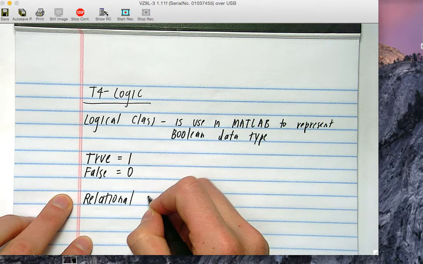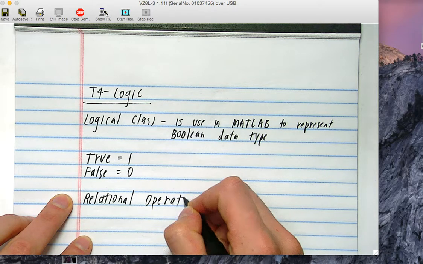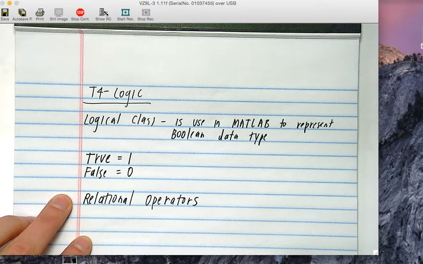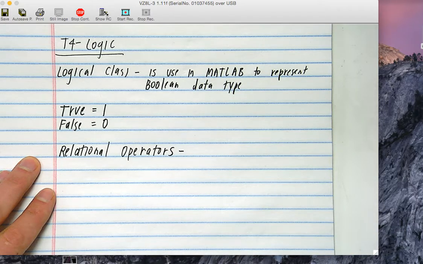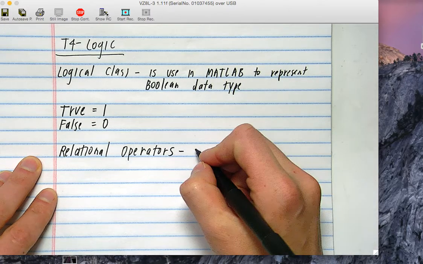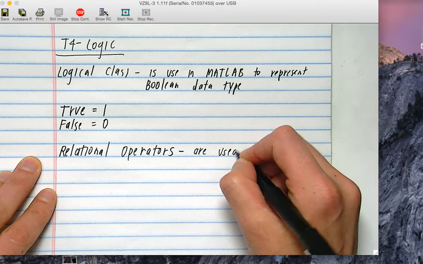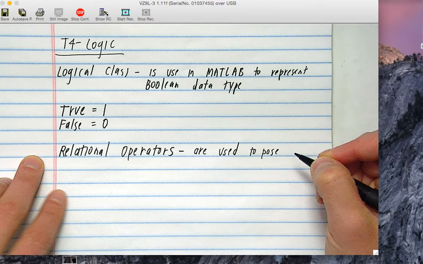In order to start dealing with these Boolean data types, we're going to start looking at relational operators, and we've already used them a couple times when we've used the find command, because like I said, there's really not much you can do in MATLAB when you get started, so you have to start using things that you don't quite understand yet, and we'll always go back and revisit them.